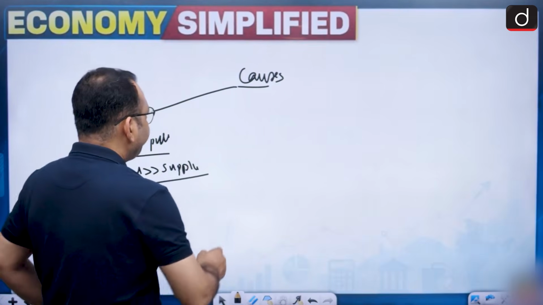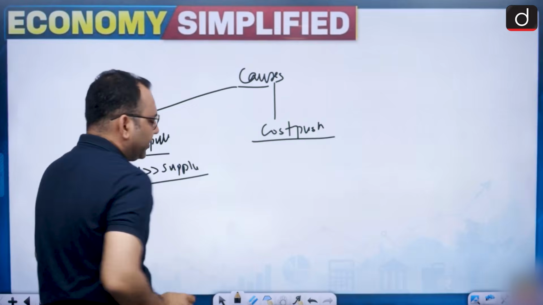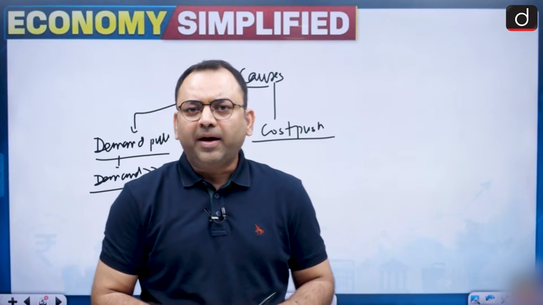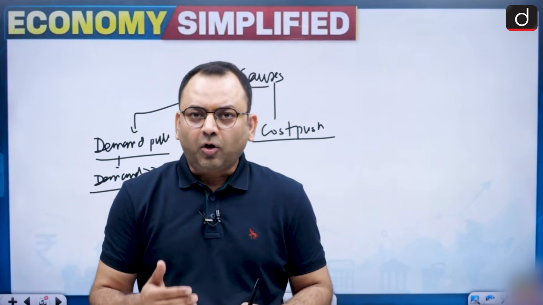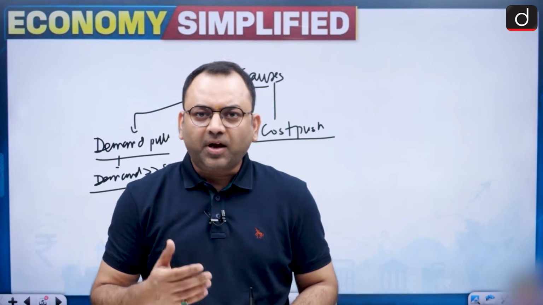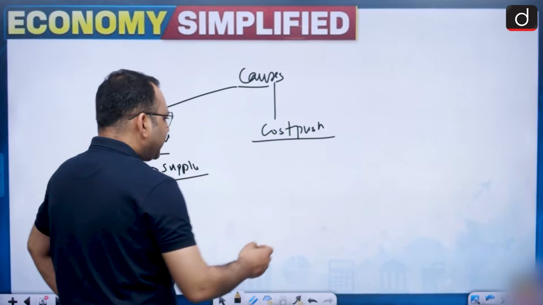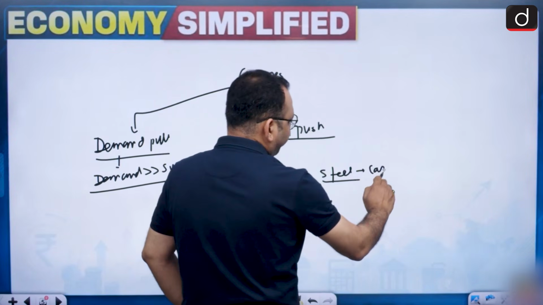The other thing is the cost push inflation. It happens that at times the demand may not be high, but the ingredient cost, the raw material cost that goes into the production of a commodity, is higher. For example, suppose we say a car.